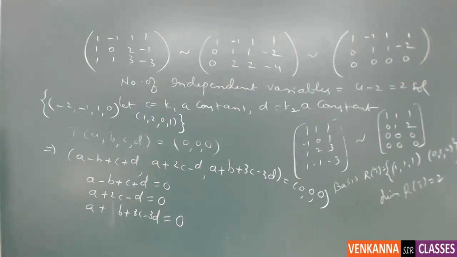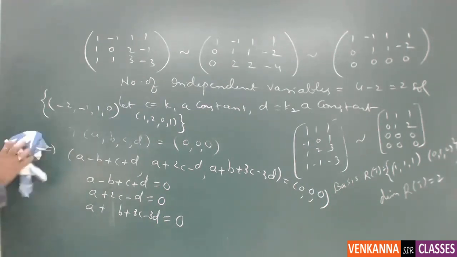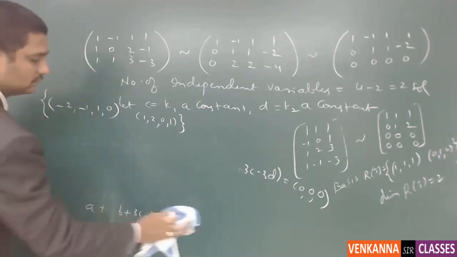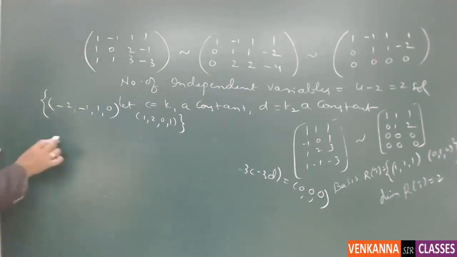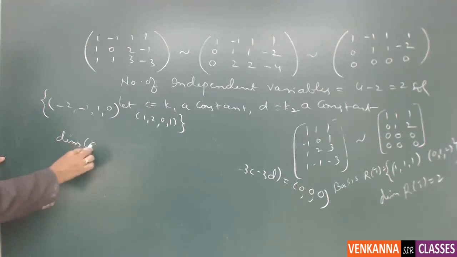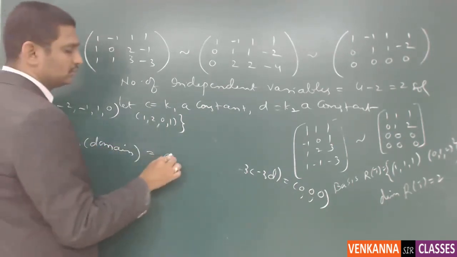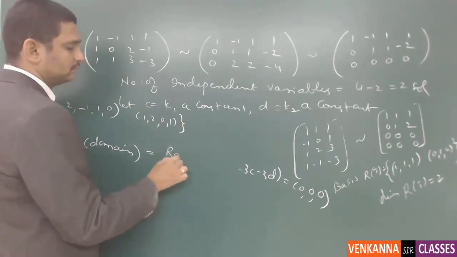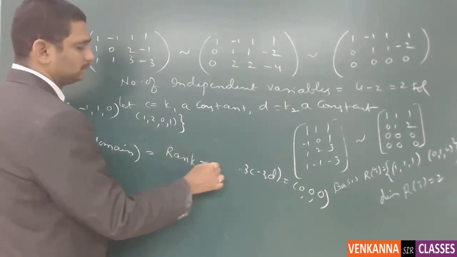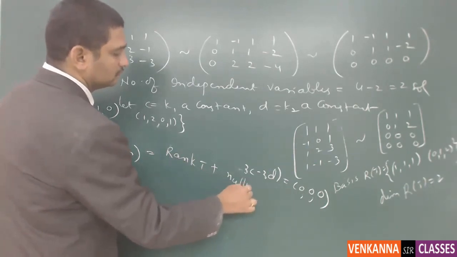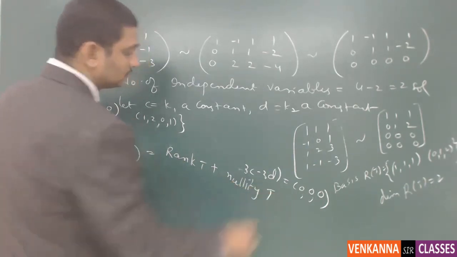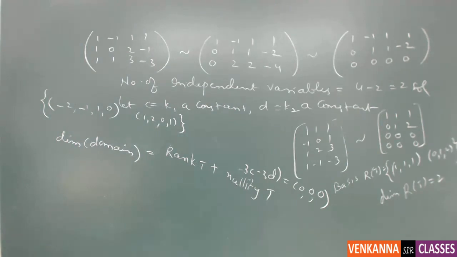So if you apply the rank nullity theorem, the statement gives that dimension of domain is equal to rank plus nullity. The dimension of the domain is 4, because the function is from V4 to V3.